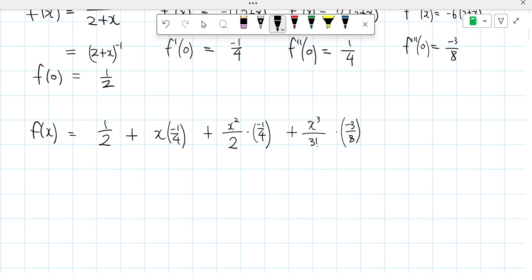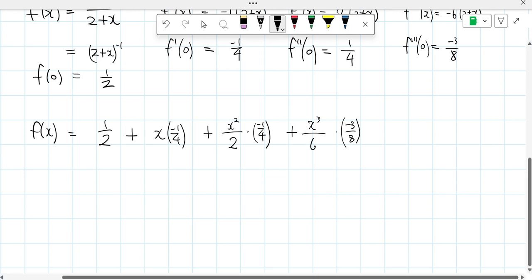Now, it looks a bit complicated, but it's just numbers and numbers. 3 factorial, maybe I could have computed that right away. It should be 6. So, let's reorder things. Let's say 1 over 2 minus 1 over 4x.